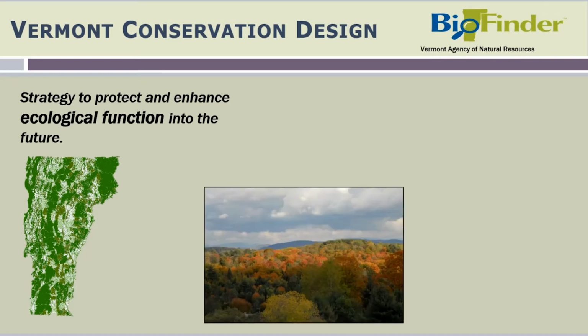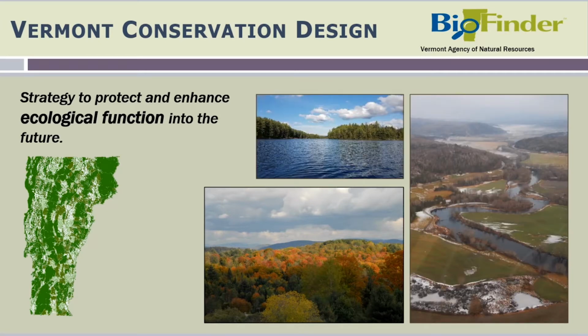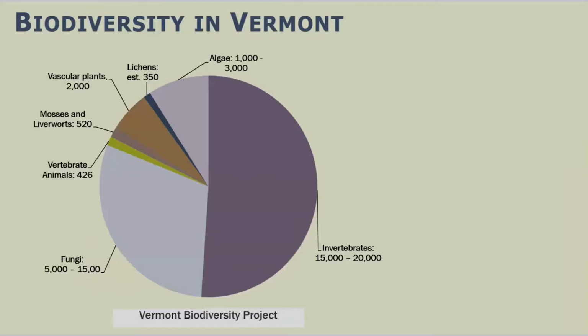So Vermont conservation design shows up as data, but again, as I said in the beginning of the presentation, the data that's in there represents real places on the ground, from our lakes and ponds to our rivers and forests. So this data set is based in reality, but it's also projecting into the future a network of lands and waters that can provide that ecological function for all of the species that live in Vermont.